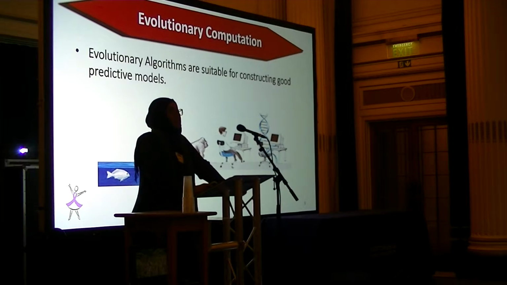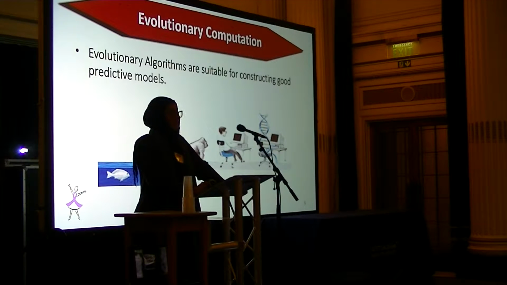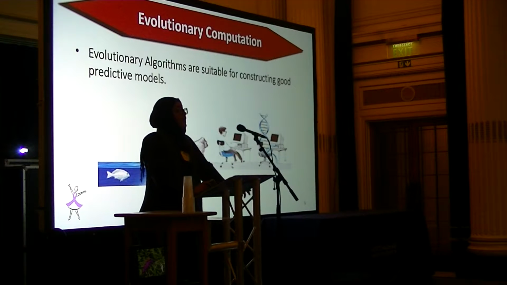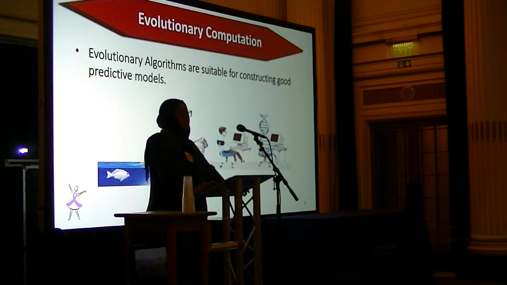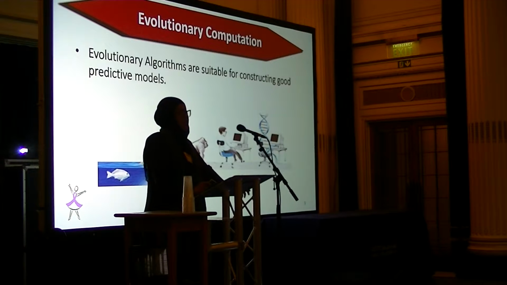Evolutionary computation, which is a rapidly growing area of artificial intelligence, works on the principle of natural selection, which is based on Darwin's theory. Evolutionary algorithms are very suitable for constructing a good biological predictive model.